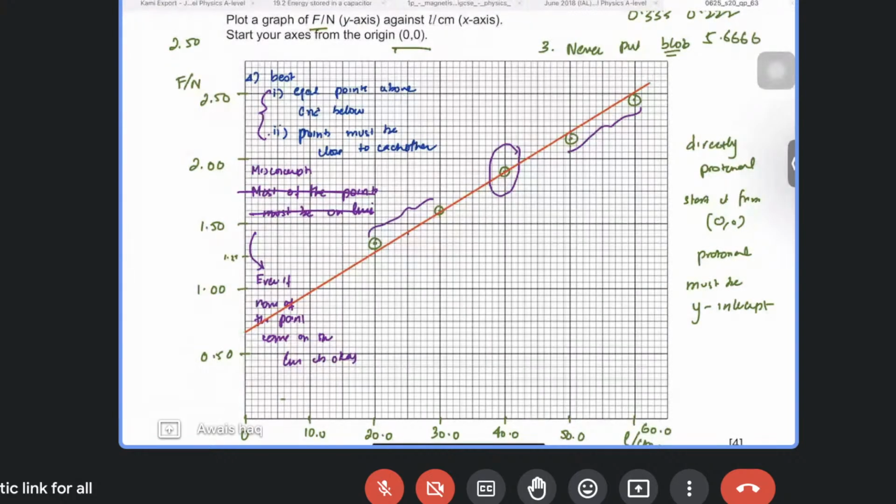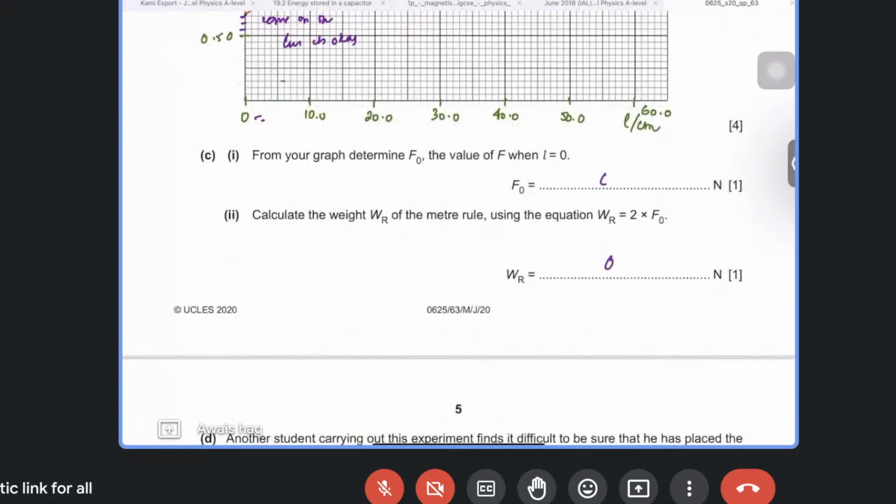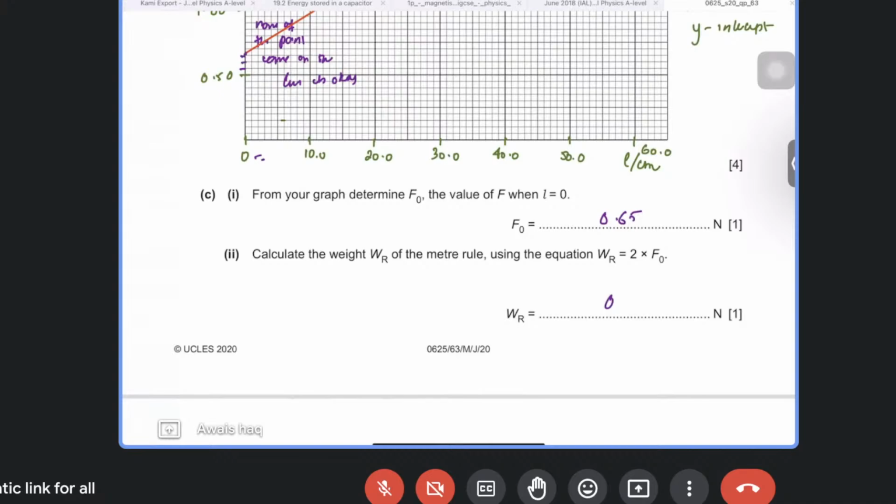It intersects right here, which is basically when length was 0, F naught was 0.65. So we're going to write 0.65 right here, and then it says calculate the weight of the meter rule. The equation is 2 times this, so weight will be 2 times 0.65, and I think it's going to be 1.30.